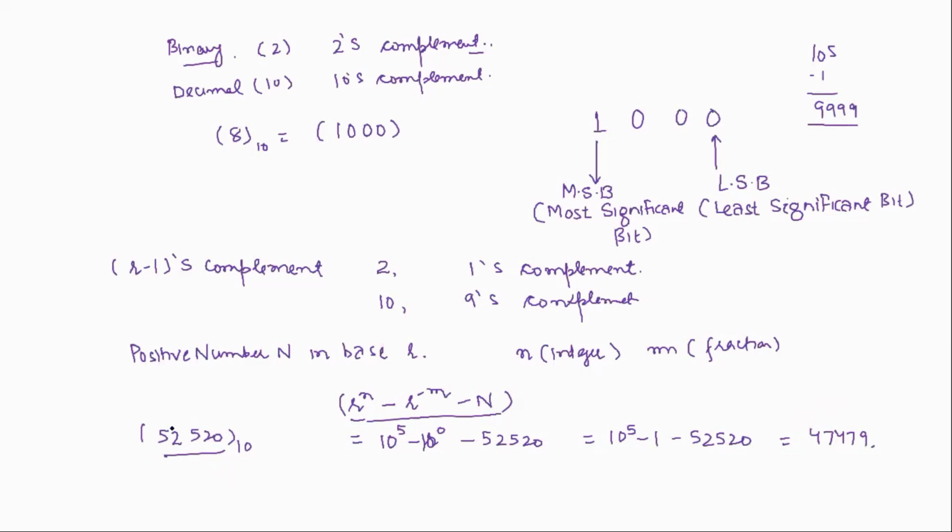Similarly, if I ask you to find the 9's complement of 0.3267, the formula remains the same: r raised to n minus r raised to power minus m minus the number. Your base is 10, but here you don't have any integer part, so n is 0.